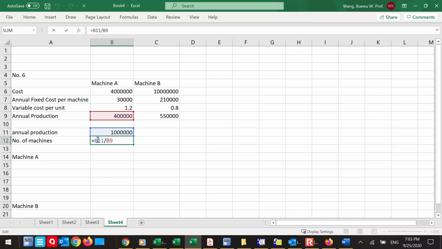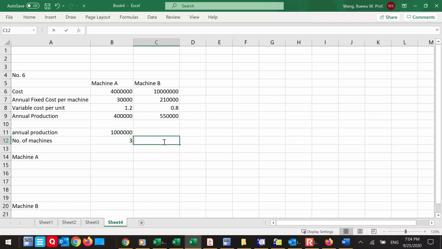So really you should make it 3 here. You can use the round off function with 0 decimals, and that should cost me 3 machines, because 2 machines is not enough. If you do 2 machines, you're just going to have 800,000, so you're short of 200,000 units.